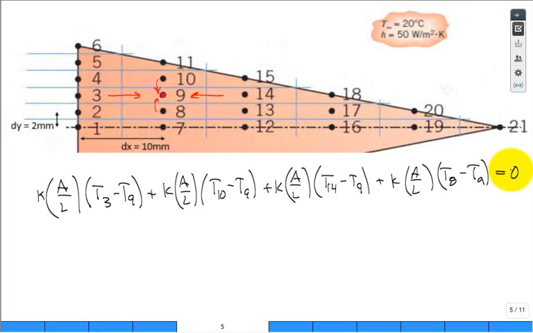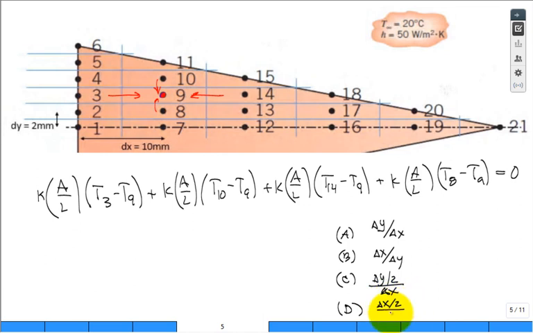So this is my clicker question for you. It could be that the area to length ratio would be delta y divided by delta x, or delta x divided by delta y, or delta y over 2 divided by delta x, or for D, delta x divided by 2 divided by delta y.